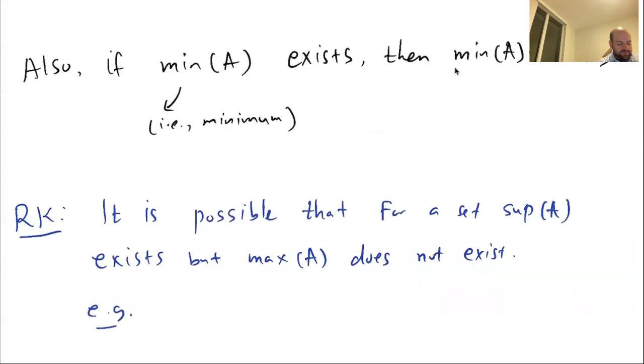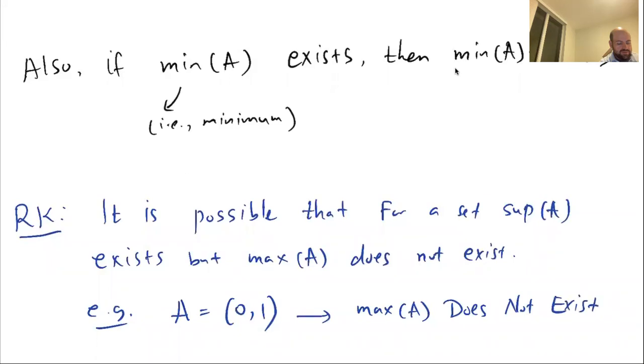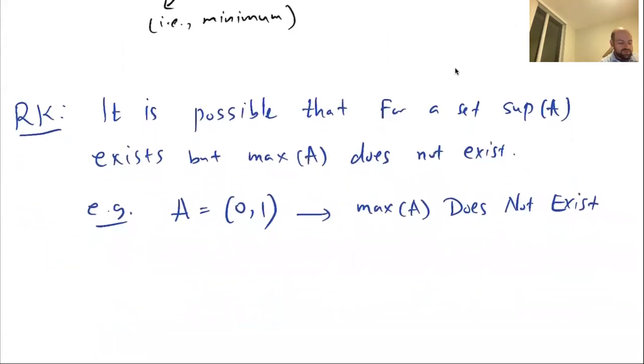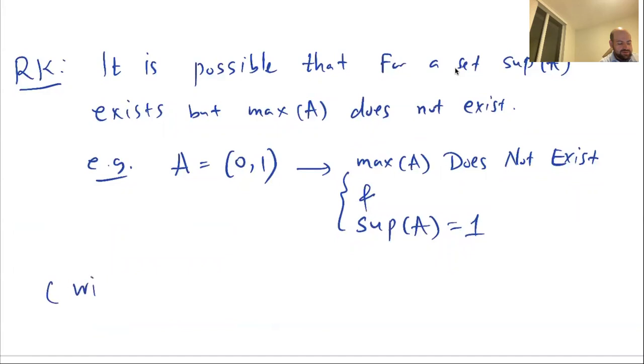For example, if A equals the open interval 0 to 1, then maximum A does not exist. No element is the maximum, but supremum A is equal to 1. You can check this, you'll see the proof in Math 225 or an analysis course, Analysis 1.